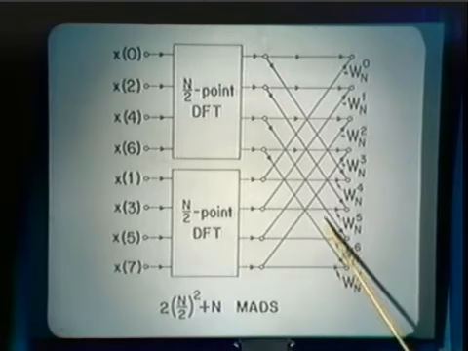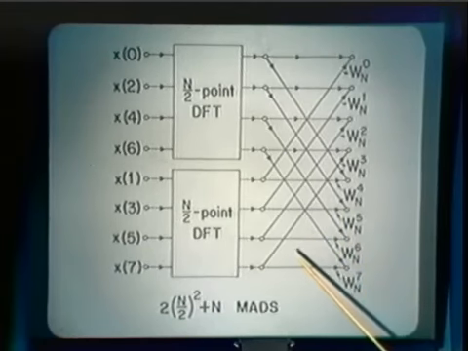And we saw, first of all, that there was a computational efficiency that resulted from doing this. And furthermore, we recognized that we could continue this decomposition and thereby achieve an even greater efficiency, in particular with N expressed as a power of 2. We could continue decomposing the N over 2 point DFTs into N over 4 point DFTs, the N over 4 point DFTs into N over 8 point DFTs, etc. The flow graph that resulted when we did this was the flow graph indicated here, which is the one that we derived last time.